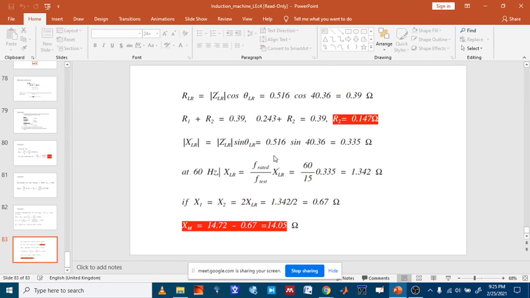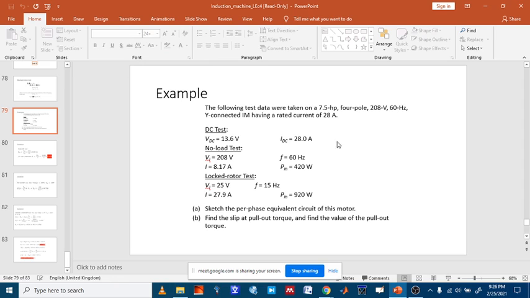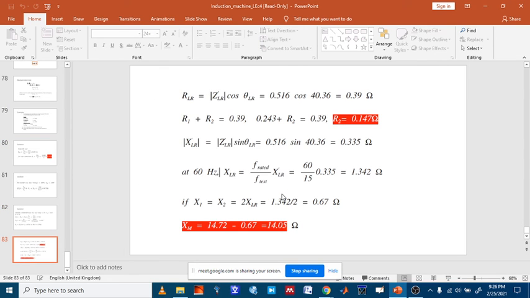So XLR is equal to F rated over F test times X prime LR. The rated frequency was 60 Hz and the test frequency was 15 Hz in the lock rotor test. So 60 over 15 times X prime LR, which was given to be 0.335, and you get this value.